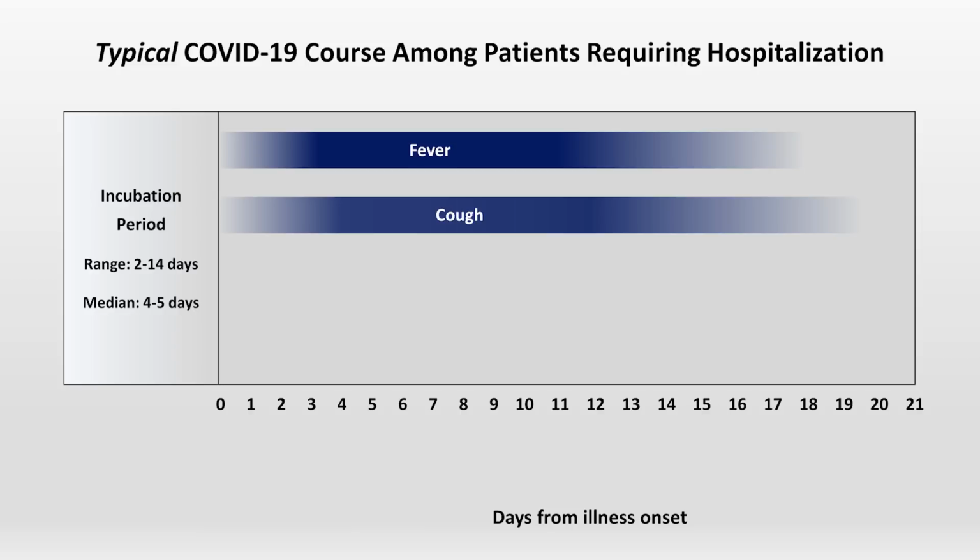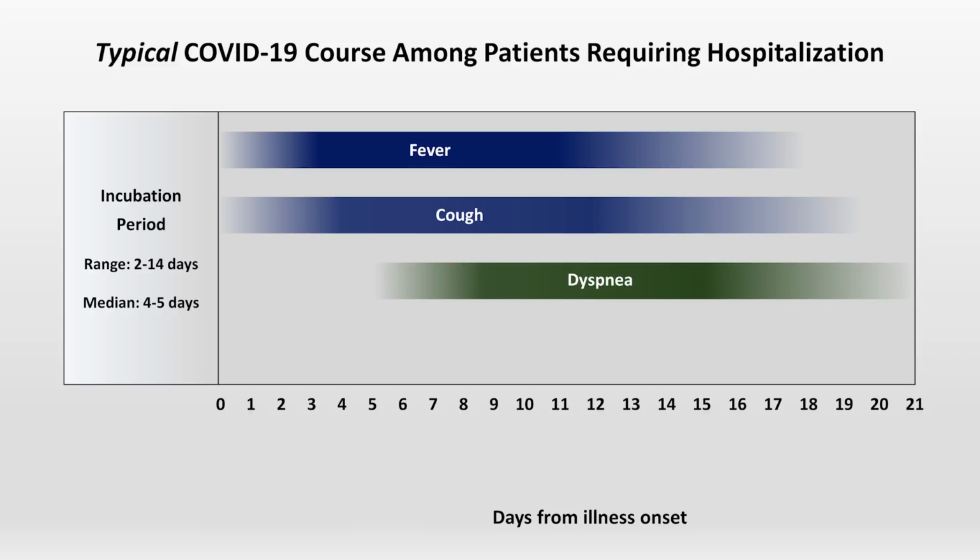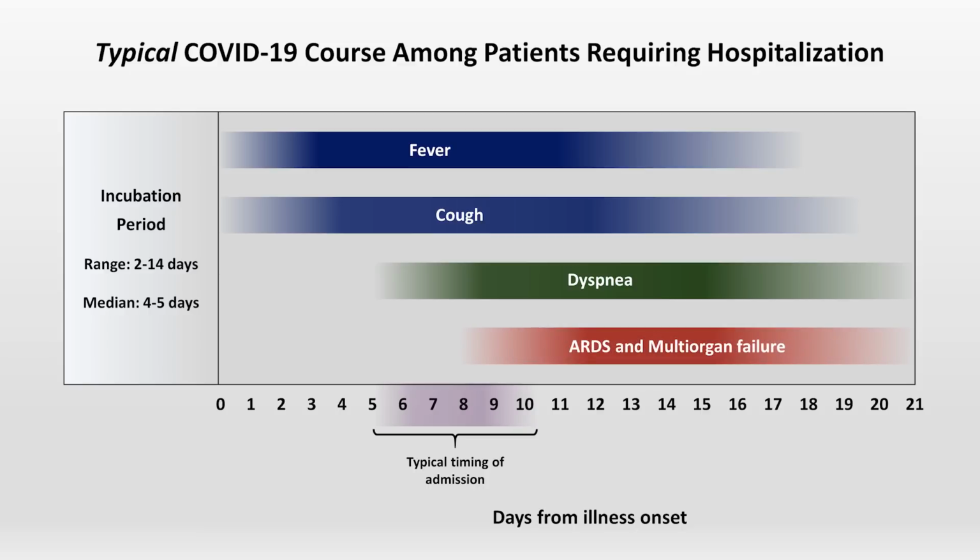Then, in the 20% of patients requiring hospitalization, dyspnea develops after about a week, which then coincides with the typical timing of their admission. Anecdotally, the onset of dyspnea can be relatively abrupt. About a quarter of hospitalized patients will have ARDS plus or minus multi-organ failure follow the onset of dyspnea by a few days.